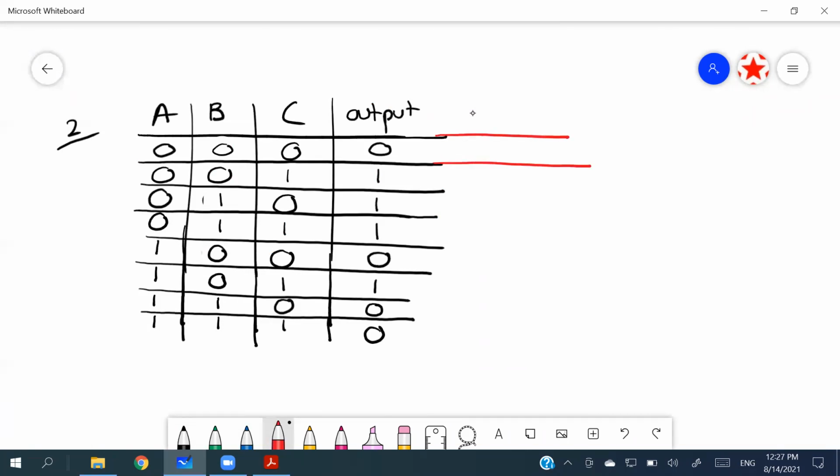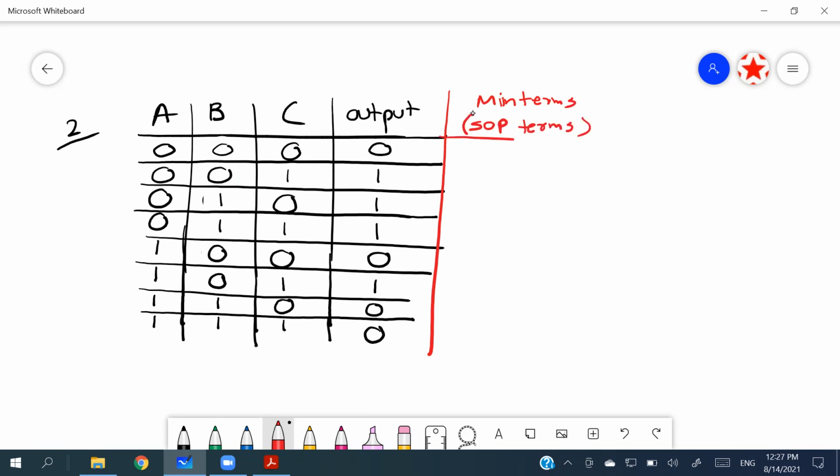So the SOP terms. Oh, hold on. So I call these min terms. For the SOP terms.